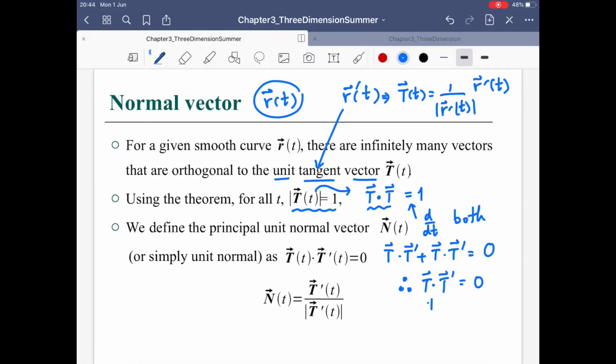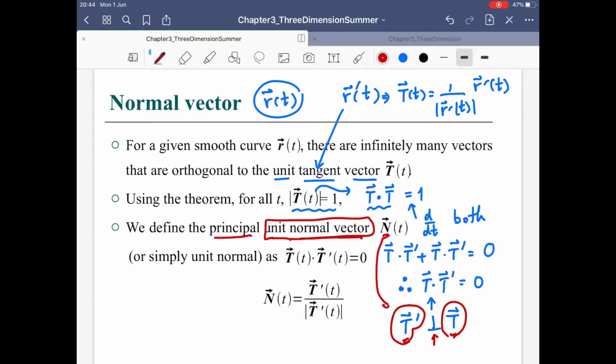So what does this mean? It means that your T prime is actually perpendicular to T. Sometimes if you talk about one vector perpendicular to another, we say that this vector is normal to the capital T. So that's why we introduce the so-called principal unit normal vector, which we usually just call the unit normal vector N, to be the unit vector of T prime.